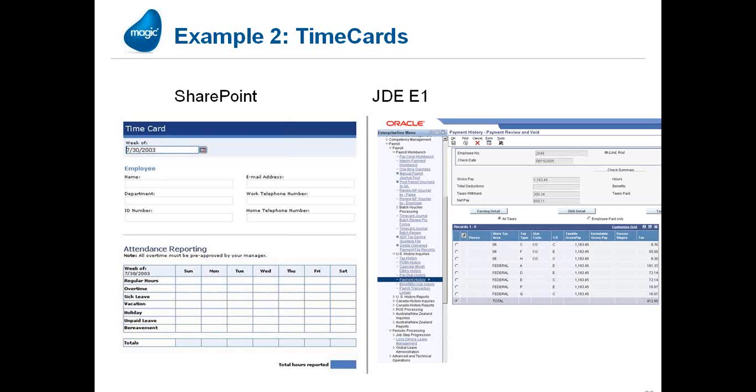Another great example are time cards, where you have a SharePoint time card application where people are entering time and attendance information. You may have manager approval processes related to that, and then you want the typical JD Edwards Enterprise One review processes related to that as well once the information has been brought in from your SharePoint time and attendance application.